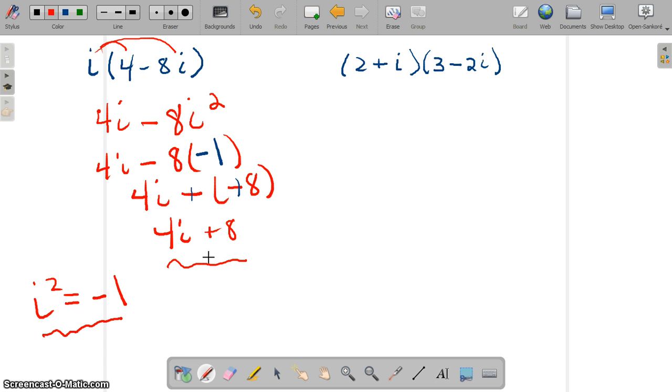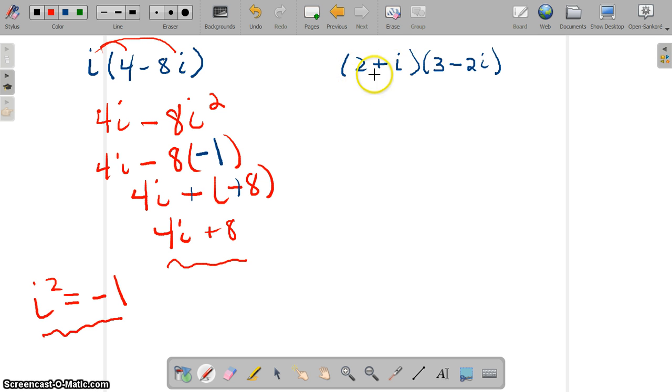The next one looks very similar to multiplying two binomials together. So you're going to treat it that way.